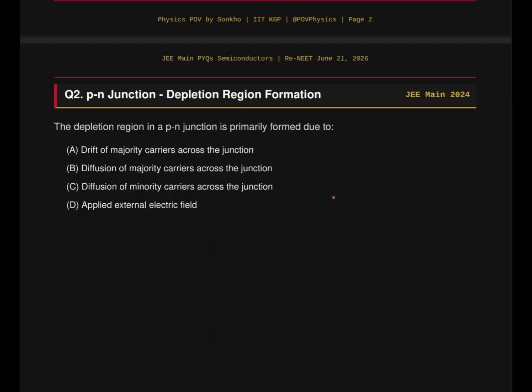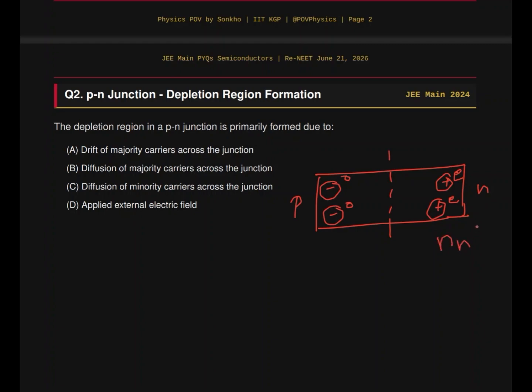Next, we have the formation of depletion region. When a diode is being formed, P side and N side, there are negative ions with holes here and positive ions with electrons, right? The electron concentration in the N side is more than the electron concentration in the P side. And the hole concentration in the P side is more than in the N side, right? So there will be diffusion due to concentration gradient, dp/dx and dn/dx.